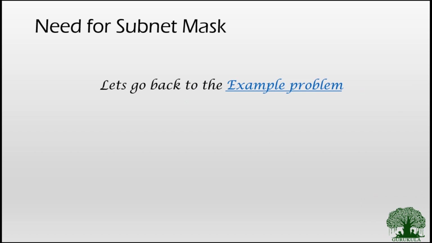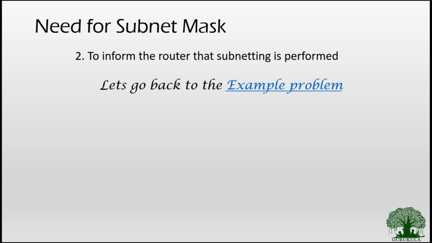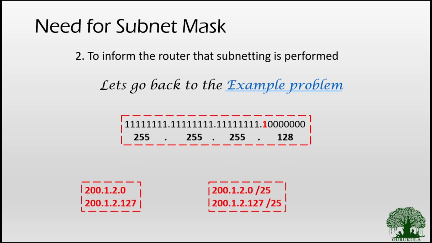So let's go back to the previous problem. Here I am not going to go back to the previous problem. You can refer to my previous slides on variable and fixed length subnetting, where you can see the example approach. In order to perform the routing, since subnetting is performed, I will have to borrow 1 bit. This is the IP address which we discussed in the previous videos, and we subnetted the entire address space.